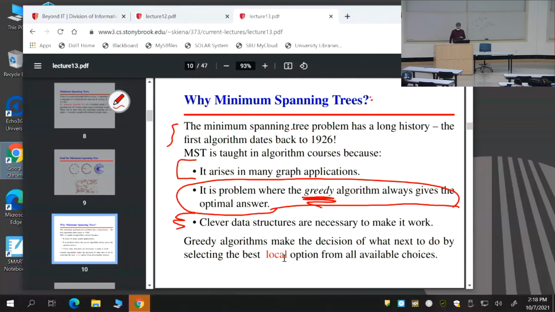And everybody said, how do we find the best tour? Well, start from one point and find the next point that's closest, the next point that's closest, the next point that's closest. That's what we mean by a greedy algorithm. You're making a local decision now of your possibilities and taking the best thing to do.